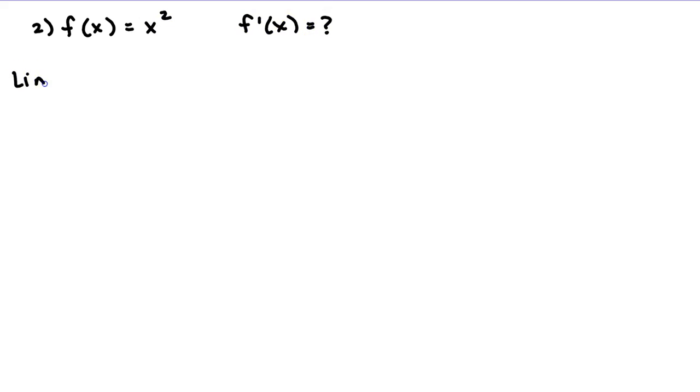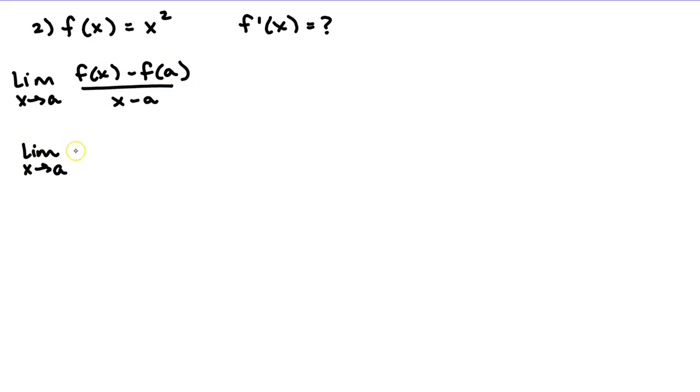Okay, so we have the limit as x goes to a of f of x minus f of a over x minus a. I'm going to put our function in there, so it's going to be the limit as x approaches a of x squared minus a squared over x minus a. Now that's going to be 0 over 0, so we're going to factor the numerator. It's a difference of squares, and it factors into x minus a times x plus a.